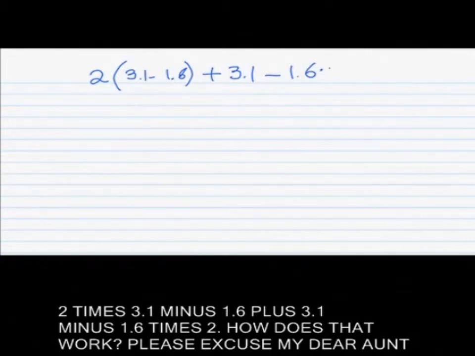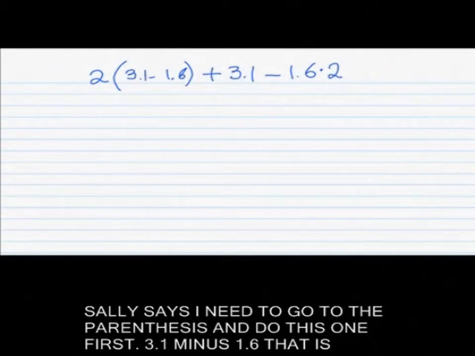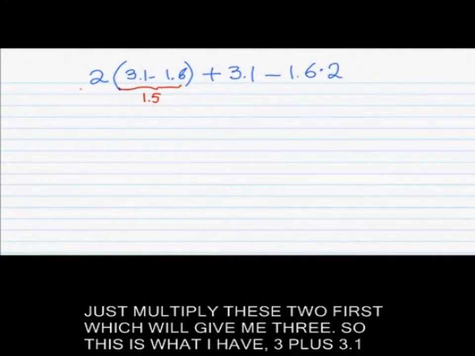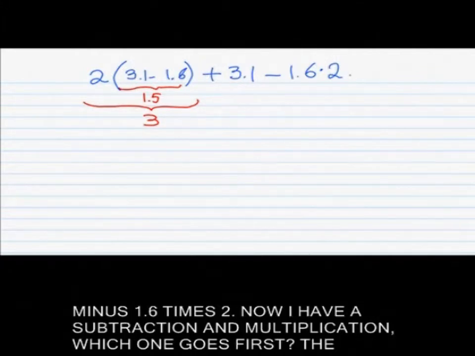Please excuse my dear Aunt Sally says I need to go to the parentheses and do this one first. 3.1 minus 1.6, that is 1.5. Now between the 1.5 and 2 I have a multiplication, and then here is an addition, so I can just multiply these two first, which will give me 3. So this is what I have. 3 plus 3.1 minus 1.6 times 2.